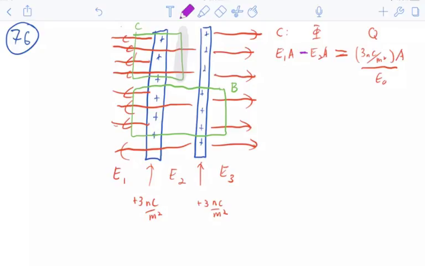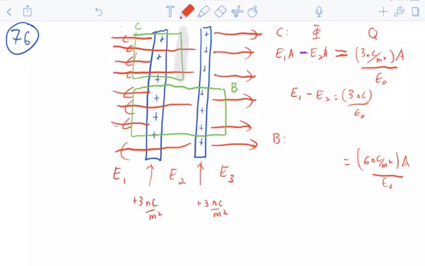Okay. And then you simplify these equations. E1 minus E2 equals, essentially I'm dividing both sides by A, 3 nanocoulombs over epsilon naught. Cool. Now for box B. The total charge enclosed is going to be 6 nanocoulombs per meter squared times A over epsilon naught.